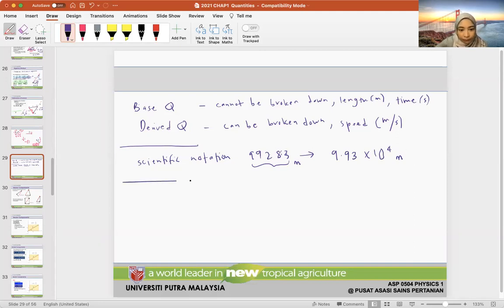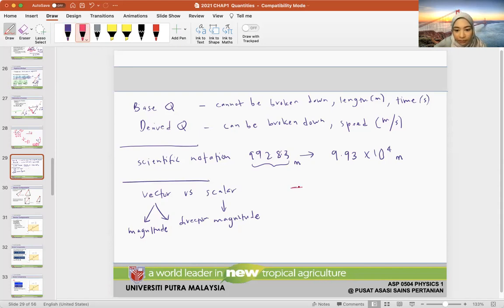And then we talked about vector versus scalar. Okay, so scalar only has magnitude, while this guy has magnitude and direction. Okay, and then vector, if you want to add vectors, now I want you guys to tell me what are the techniques to add vectors?